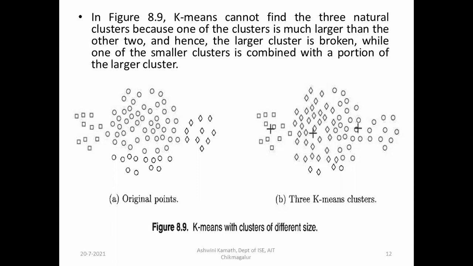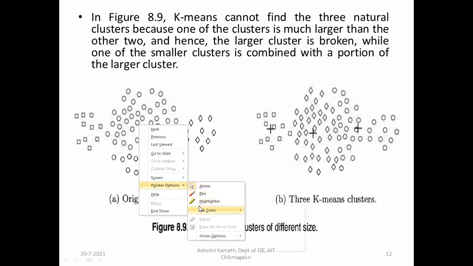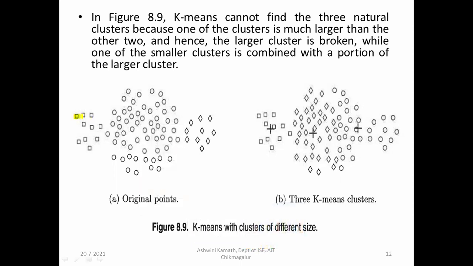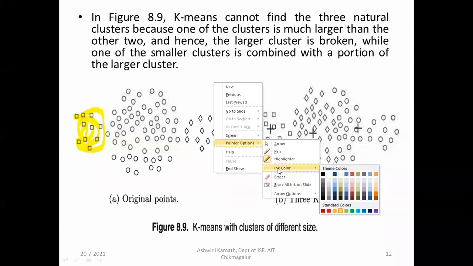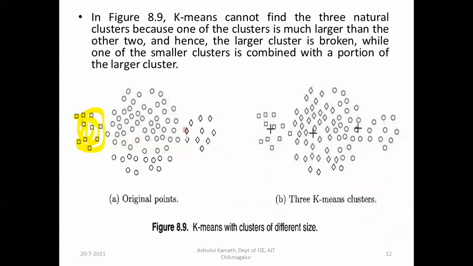In the original points, this is one cluster, this is another cluster, and whatever remains in between is one more cluster. So it has to divide like this.